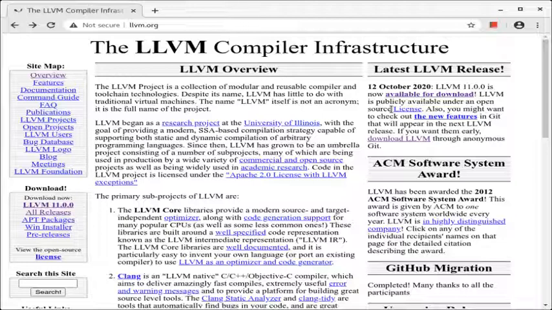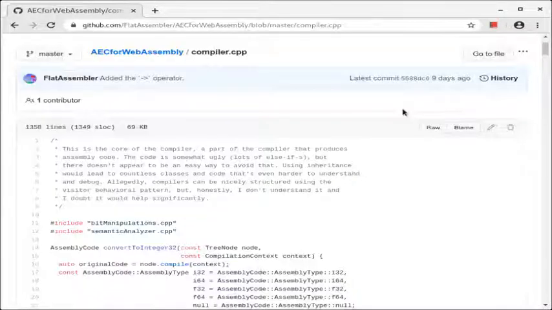That's how useful it is. And my compiler.cpp file is 3,358 lines of code. So it's a rather long file.